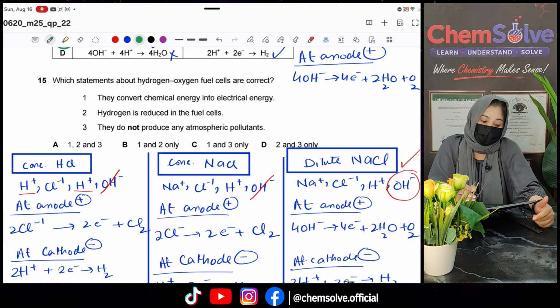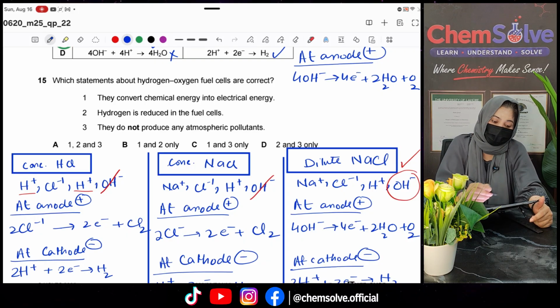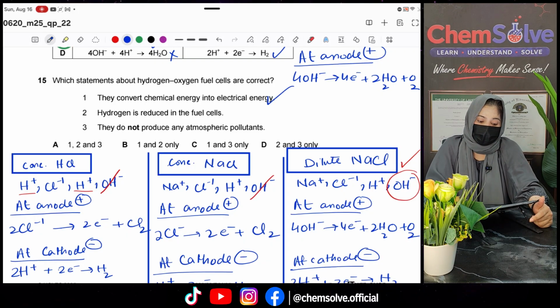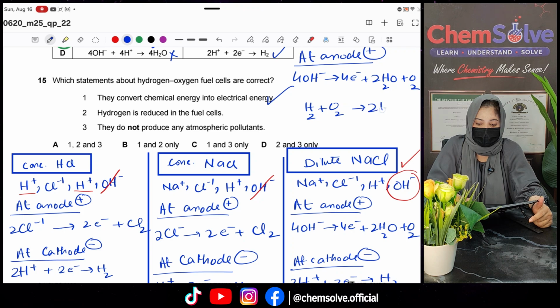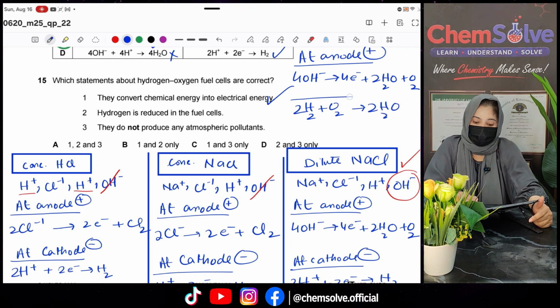Question number 15. The statement about hydrogen oxygen fuel cell is correct. They convert chemical energy into electrical energy. Of course, they do. Hydrogen is reduced in the fuel cell. Basically, H2 plus O2, something like this happens in the hydrogen oxygen fuel cell, right?